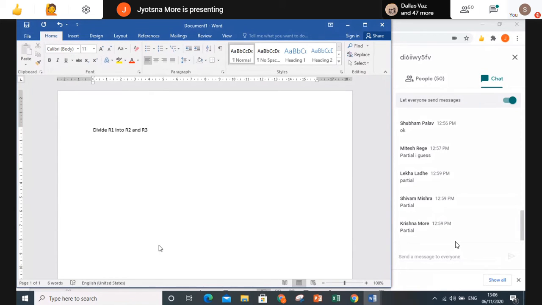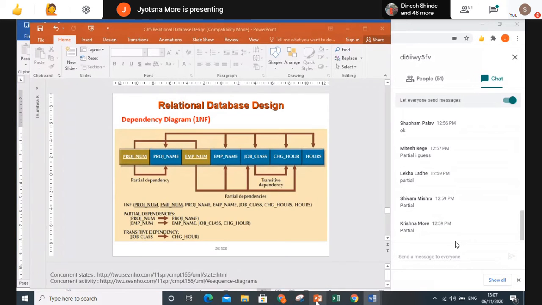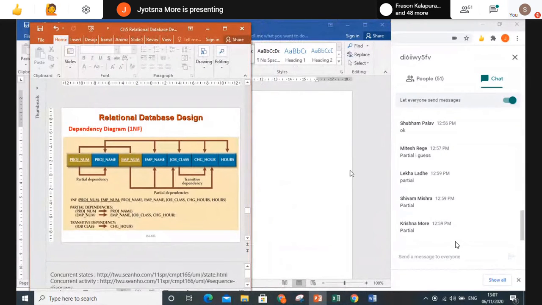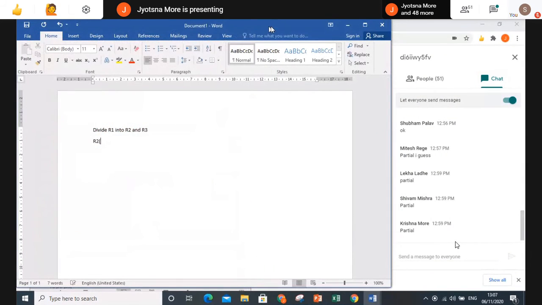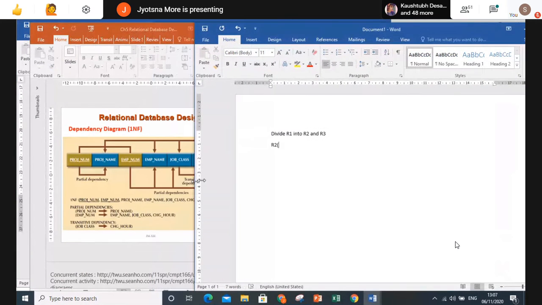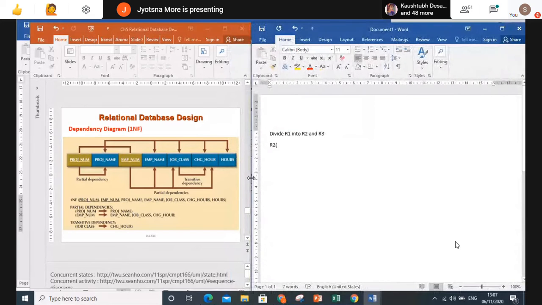So, below that write down R2. How will we break R2? Here, which functional dependency have we taken? Project number determines project name.